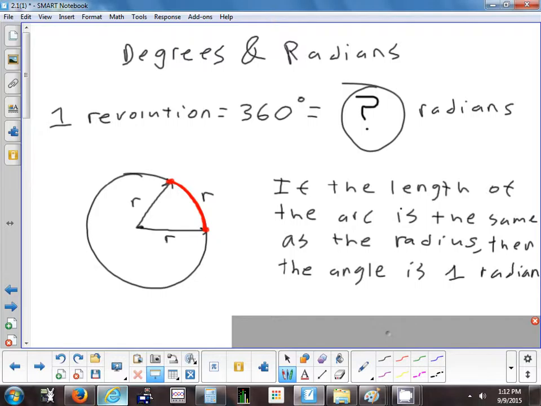So if you measure the arc and you measure the radius and they come out the same, you just drew a picture of an angle that is exactly 1 radian. It still doesn't really help us to convert degrees to radians or vice versa, but it gives us an idea of what a radian would look like to try to sketch it.